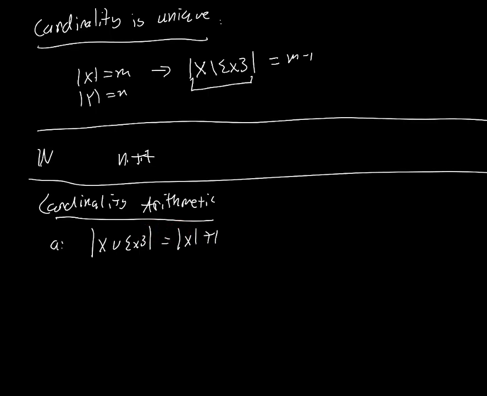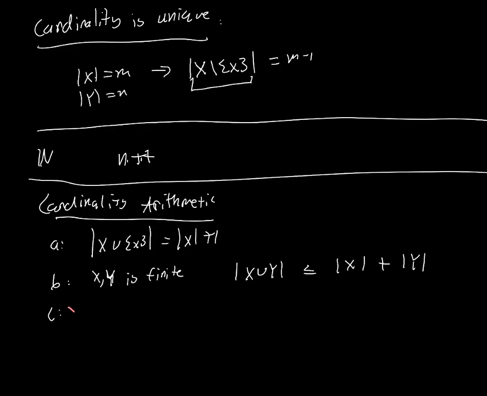So the opposite of what we did before. Now we'll say that if X and Y are finite, then the cardinality of X union Y is less than or equal to the cardinality of X plus the cardinality of Y. This is the triangle inequality.